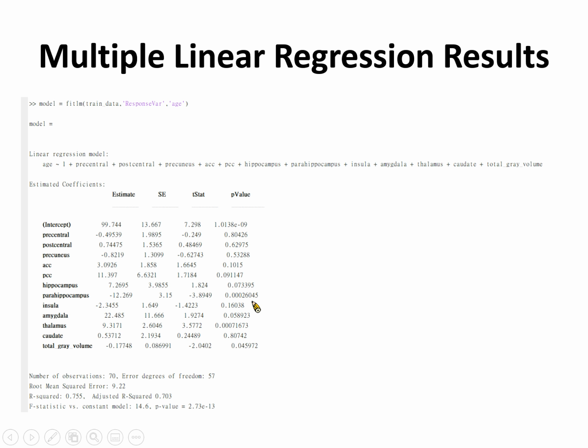And there's the parahippocampus, and it is very significant because the p-value is smaller than 0.05. Then you will interpret that the parahippocampus is an important region that can predict the brain aging. And again, the parahippocampus is an important region related to memories.